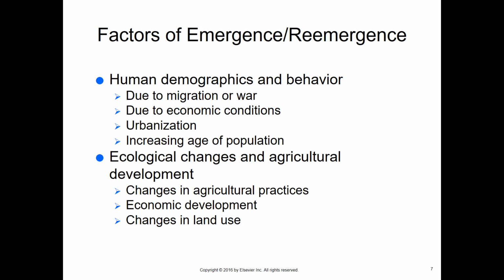All right. So this encourages people to move from rural areas into cities sometimes, or vice versa. In the 20th century, we saw rapid urbanization occurring. So people began to populate and cities began to spread.